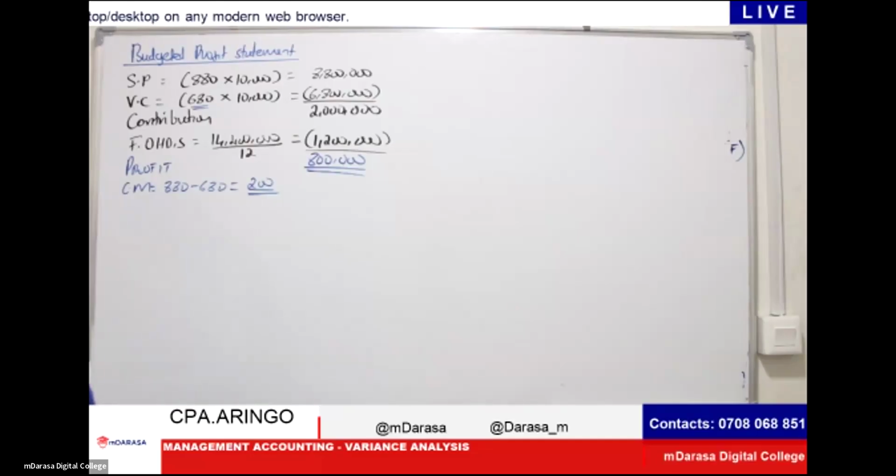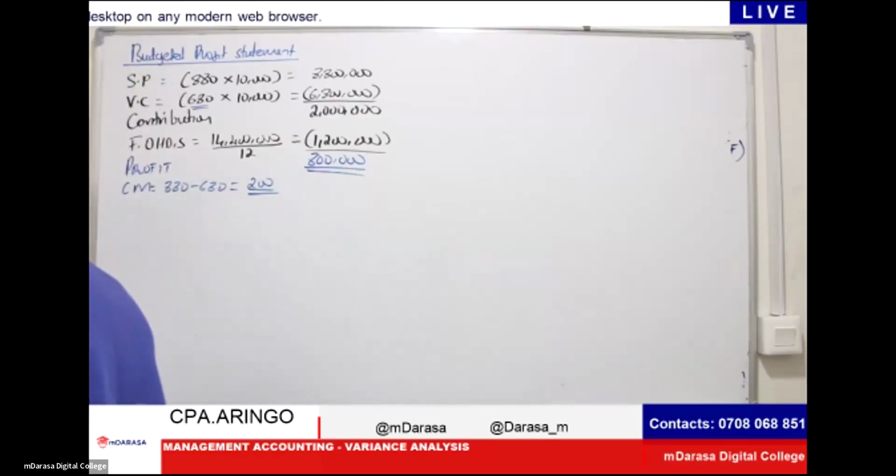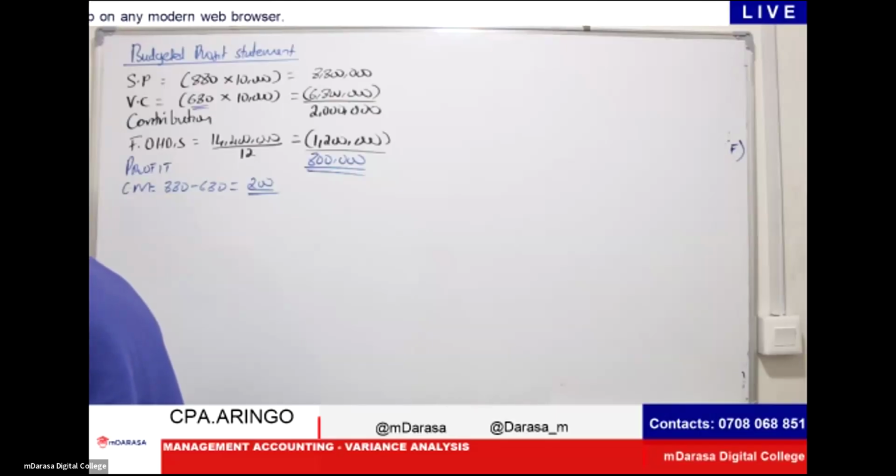Yes, Mwalimu, please go ahead. Just a small one on the variable costs. That is 680. Remember how we determine the 680?